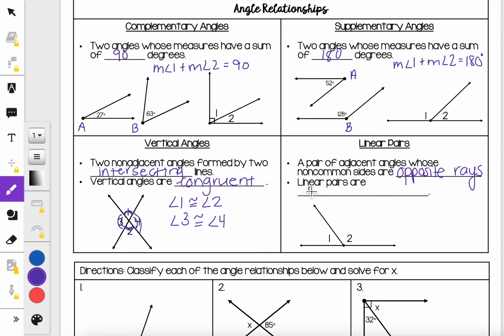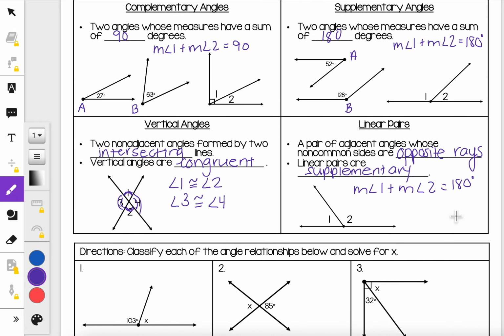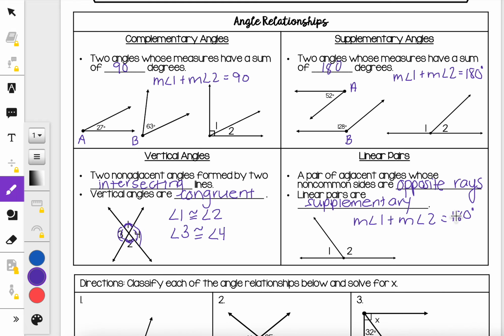So linear pairs are going to be supplementary. Again, we can say the measure of angle 1 plus the measure of angle 2 equals 180 degrees. So these are our four big angle relationships.